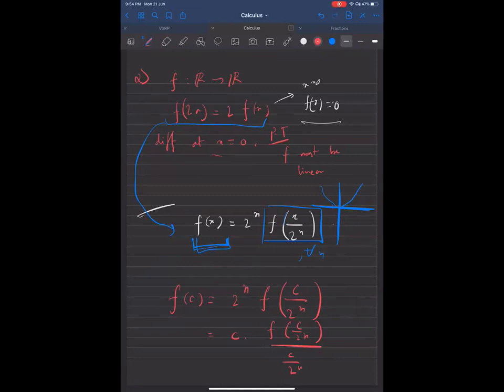There's no n on the left, but this is true for any n. So if we take n large enough, this thing is close enough to f dash 0. So we take the limit as n tends to infinity, which gives us f dash of 0.